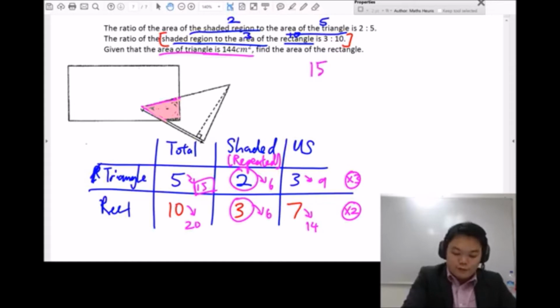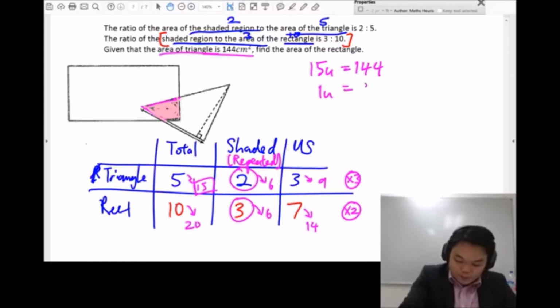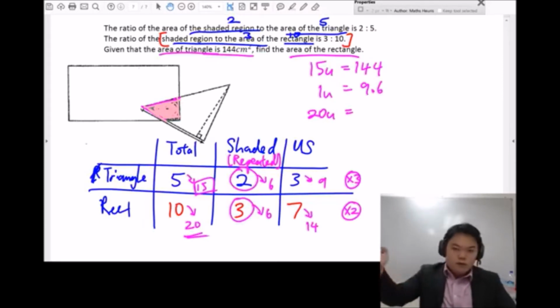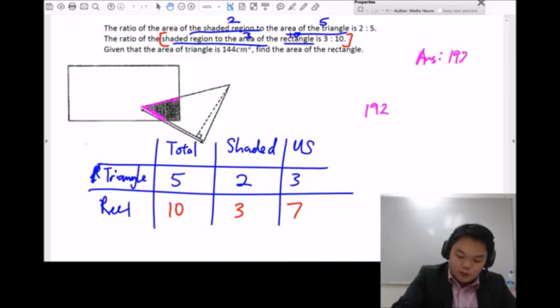So we say that 15 units is 144 cm squared. 1 unit will be 144 divided by 15. That will give you 9.6. Then the area of the rectangle would be 20 units. That will be 20 copies of 9.6, which will give you 192. And hence, your final answer must be 192 cm squared.